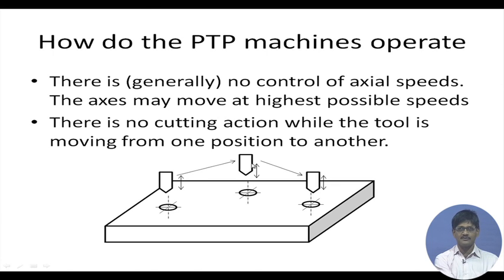Essentially, it employs the highest possible velocity, and after reaching this point, it goes down, carries out the machining operation, comes out, and then reaches the third point, and so on. This is the general scheme of work in point-to-point machines. There is no control over axial speeds, the axes generally move at the highest possible speeds, and as we discussed, there is no cutting action while the tool is moving from one position to another.